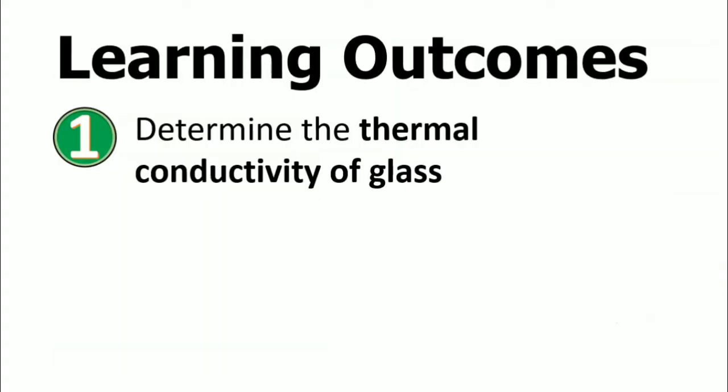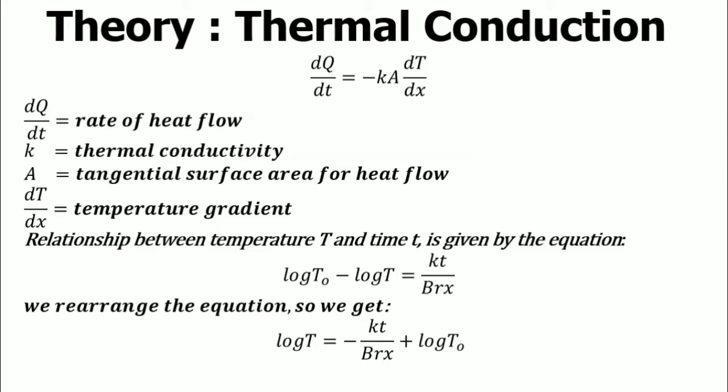In this experiment, we are going to determine the thermal conductivity of glass. For the theory, we have the equation dQ/dt = -KA dT/dx, where dQ/dt is the rate of heat flow, K is the thermal conductivity, A is the tangential surface area for heat flow, and dT/dx is the temperature gradient.